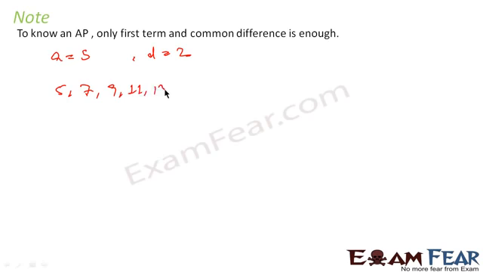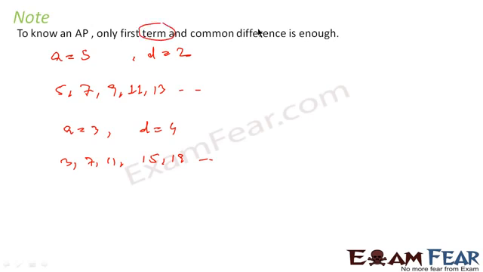If I know that the starting term is 3 and the common difference is, let's suppose, 4, I know the AP. The AP will be 3, 3 plus 4, 7, 7 plus 4, 11, 11 plus 4, 15, 15 plus 4, 19 and so on. So, to know an AP, only the first term and common difference are more than enough. If you know the first term and common difference, you know the AP.